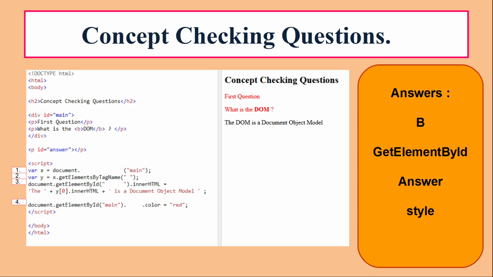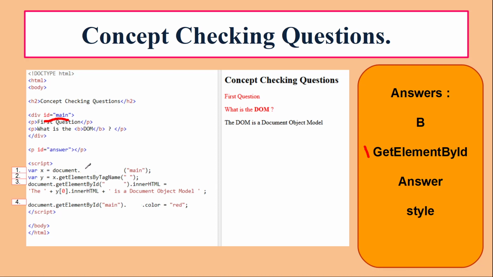Okay, so hopefully you've paused the video and tried to answer the questions. Let's now go through it. For the first value, 1, we're trying to put document main into this X variable. If we look at main here, we can see main is an ID, so to get that information we need getElementById, which would be number 1.